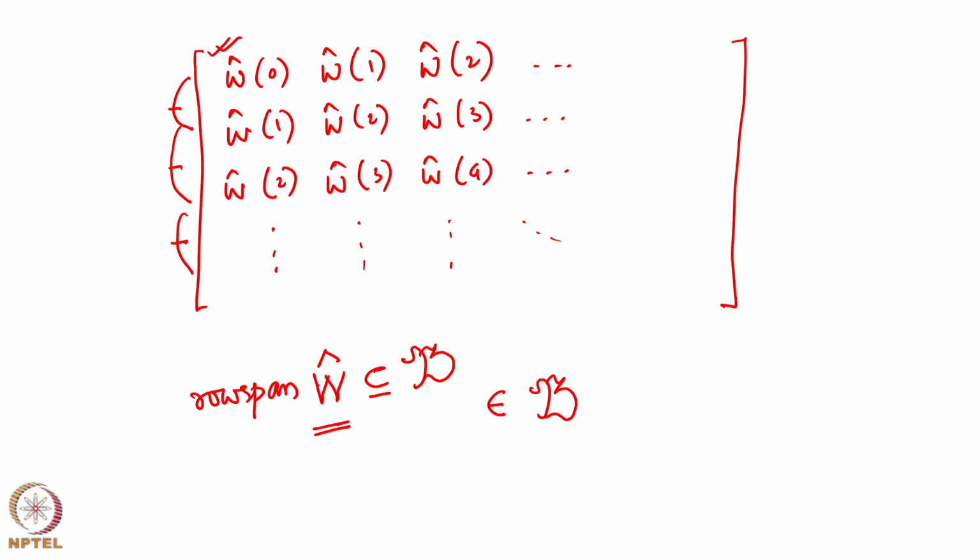Okay. So, now moving on, we asked this question: what kind of descriptions can we have for behavior? We have looked at examples where there are equations which describe a behavior.